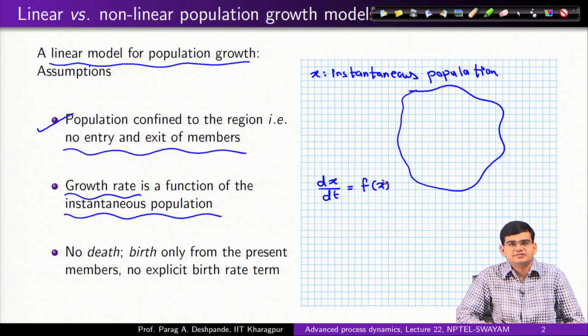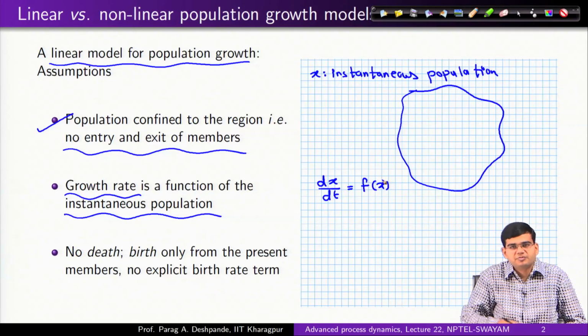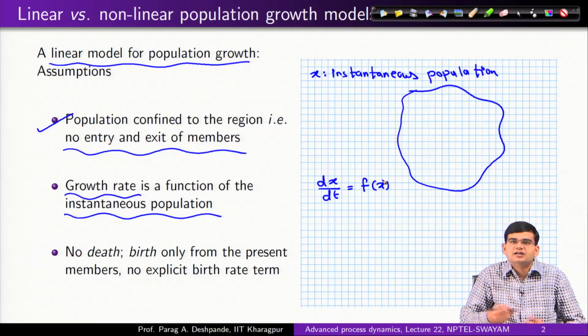In fact, it does. If you have more deer, it is expected that the rate of reproduction would be higher, and therefore, the rate of change of population at higher populations would be higher compared to the rate at lower populations.